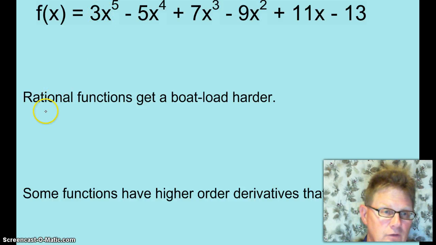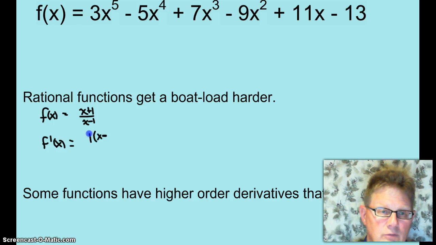Let's see if I can pick a simple one and show you. f of x equals x plus 1 over x minus 1. Okay, f prime of x. Hey, we get a good chance to use what we learned with the quotient rule and everything. So 1 times x minus 1 minus x plus 1 times 1, all over x minus 1 quantity squared.